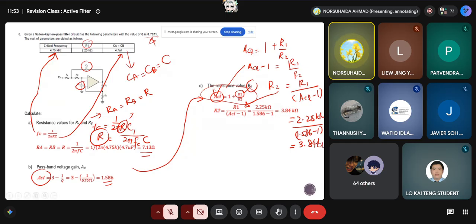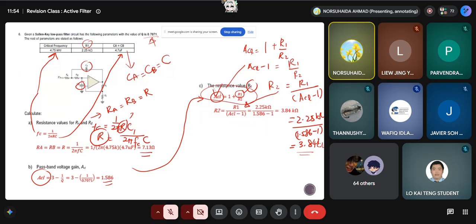So for this value, like I always said, it depends on how many decimal points that you use in your calculation. As long as your calculation result is within this value range, it should be acceptable. Because if let's say you get 3.82, 3.83, 3.85, as long as within this value range will be acceptable.